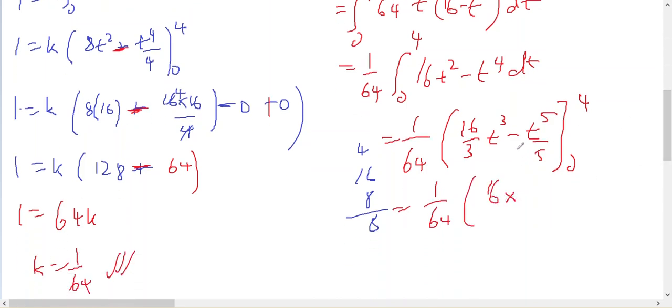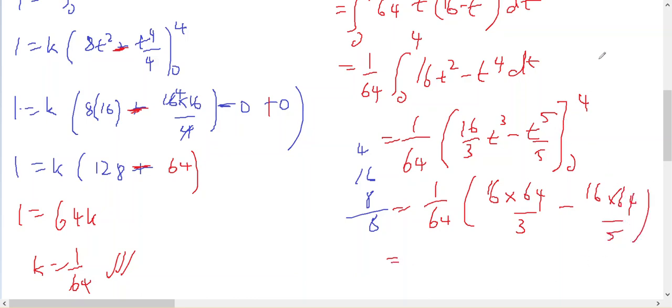1 on 64 times 16 times 4 cubed is 64 on 3 minus t to the power of 5 is 4 cubed times 4 squared, so that's going to be 16 times 64 on 5.